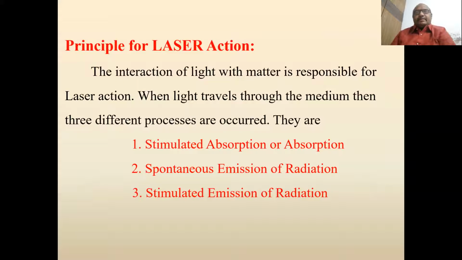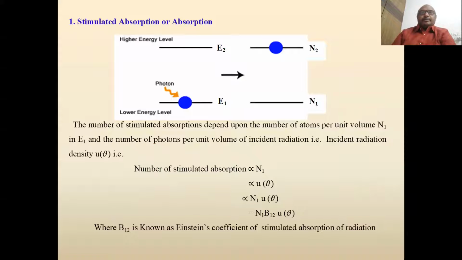The basic principle of laser action: the interaction of light with matter is responsible for laser action. When a light ray travels through a medium, three different processes occur: absorption, spontaneous emission, and stimulated emission. In absorption, the number of stimulated absorptions depends upon the number of atoms per unit volume N1 in the E1 state and the energy density u(nu) of the incident radiation.